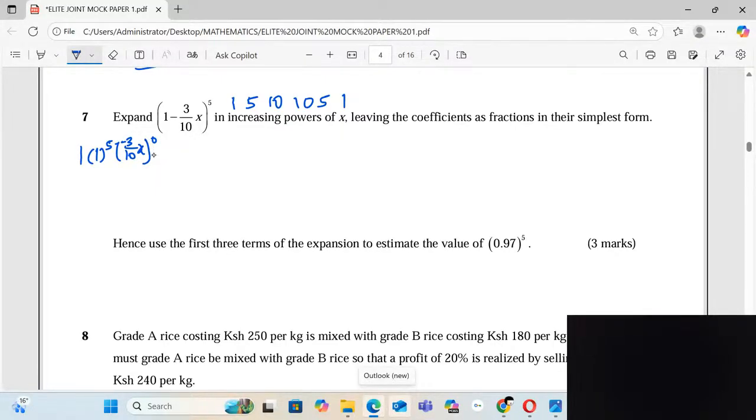So x starts at 0 and the other side starts at 5, and the next one reduces from 5 to 4.